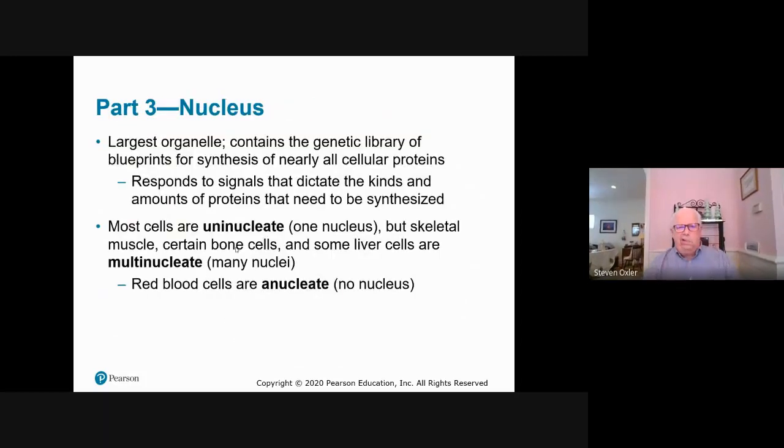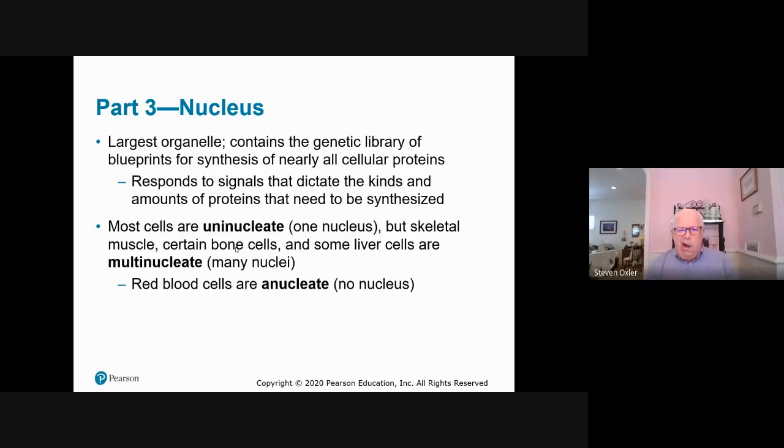Now let's talk about the nucleus. The nucleus is the largest organelle in the cell. It contains DNA. It contains the genetic library of all the mechanisms that will produce the cellular proteins.